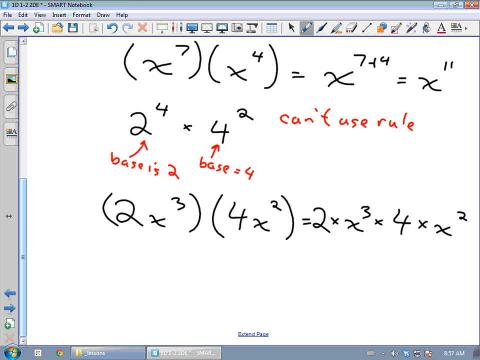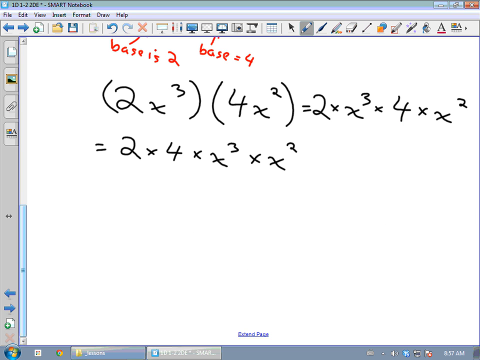Now, because all of these things are multiplied together one after another, it doesn't really matter what order we put them in. So I'm just going to rearrange them a little bit and put the numbers together and the powers together. I'm going to turn this into 2 times 4 times x cubed times x squared. Oh, that's not an x squared, that's an x cubed.